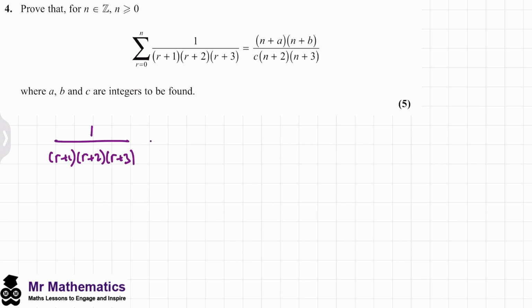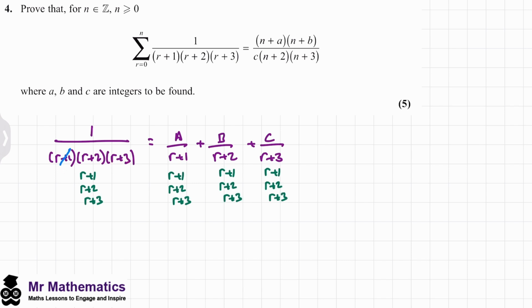So we'll say that this is equal to a over r plus 1 plus b over r plus 2 plus c over r plus 3. And then we'll multiply both sides by this denominator. You can see here that all the terms will cancel. This r plus 1 will cancel with this one. The r plus 2 will cancel with this one.